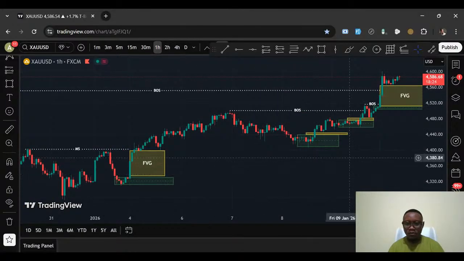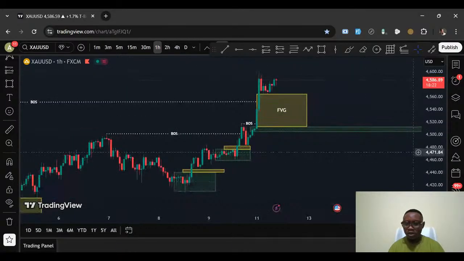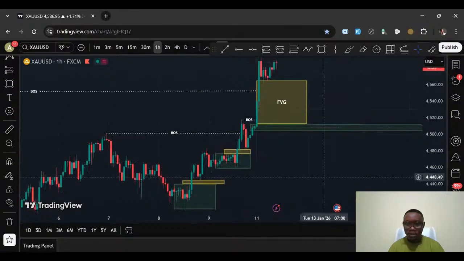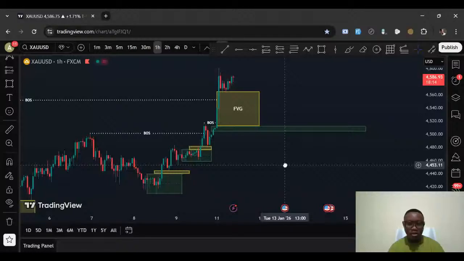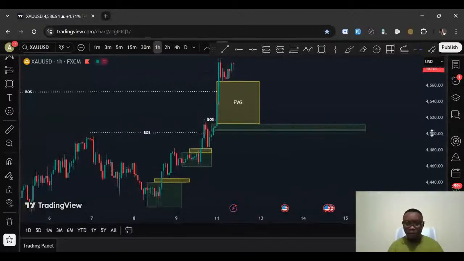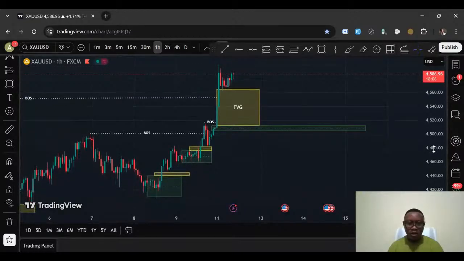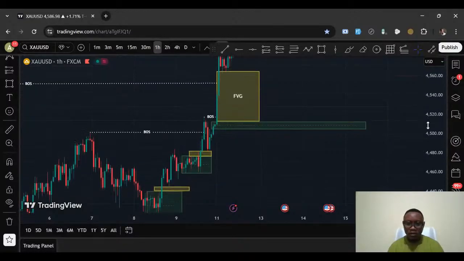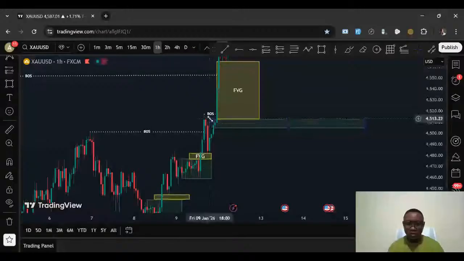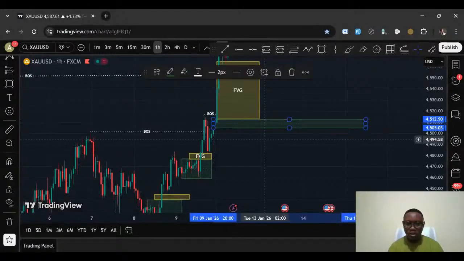So on the 1 hour time frame, again, we want to identify more order block zones and also refine a time frame perspective. Okay, we're still riding on the 2H time frame, which is this.